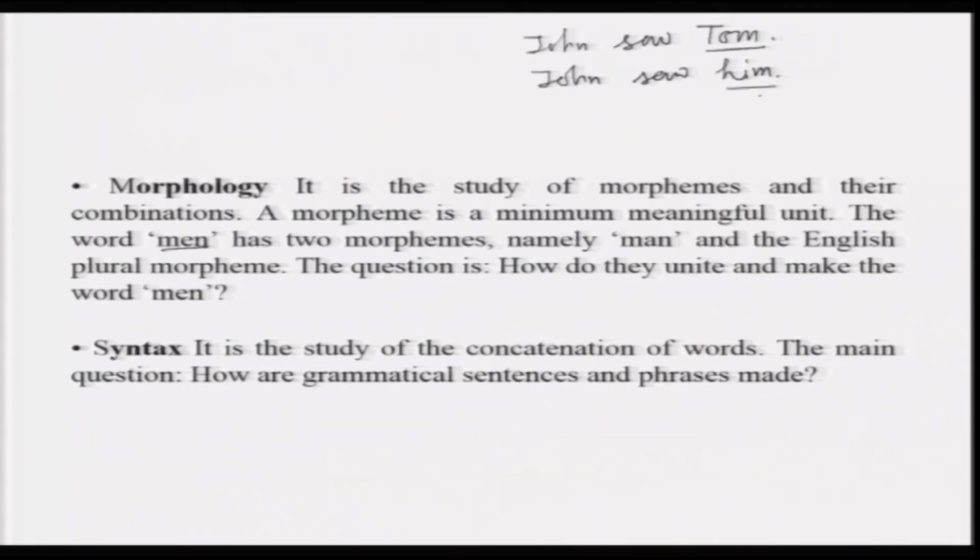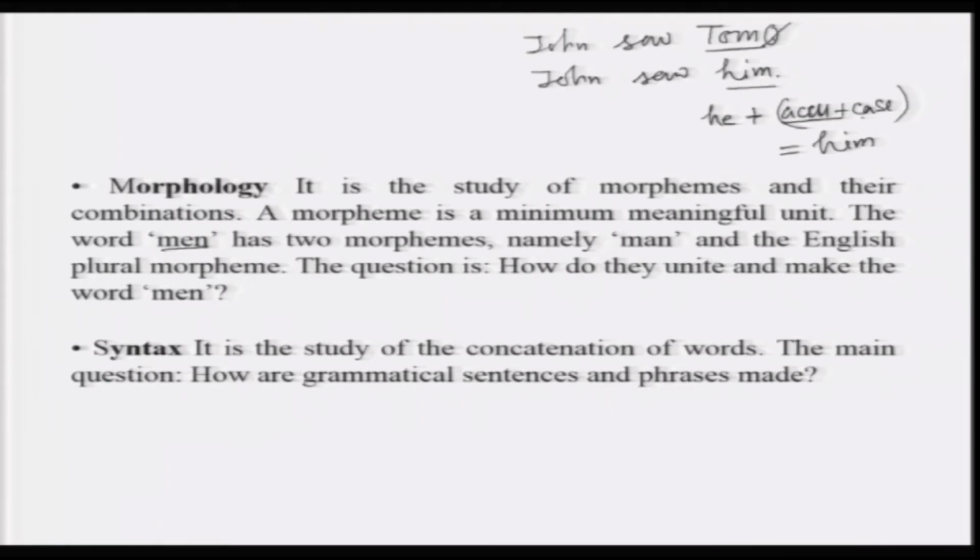Here him is clearly he plus the English accusative case, which makes it him. Here also it is there, but it is there as zero modification. It does not modify Tom physically, but still it is there.